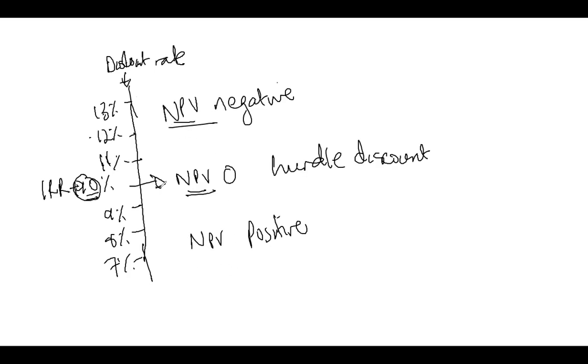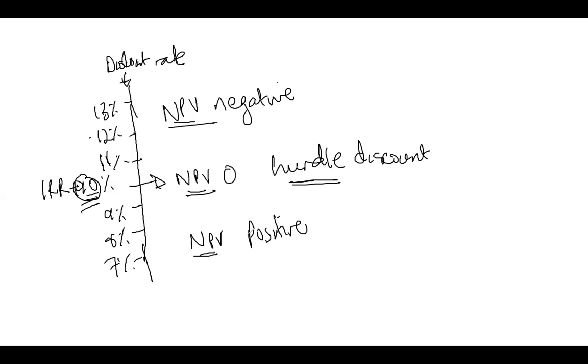And if we use a discount rate which is less than the internal rate of return, for example, 9%, 8%, or 7%, our NPV is going to be positive. So the internal rate of return is just a hurdle discount rate. It tells us the discount rate above which we will get a negative NPV and below which we will get a positive NPV.